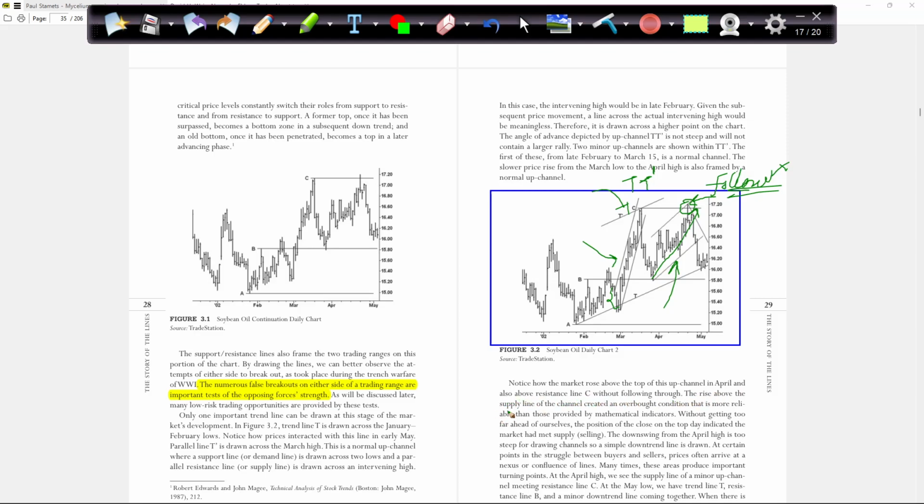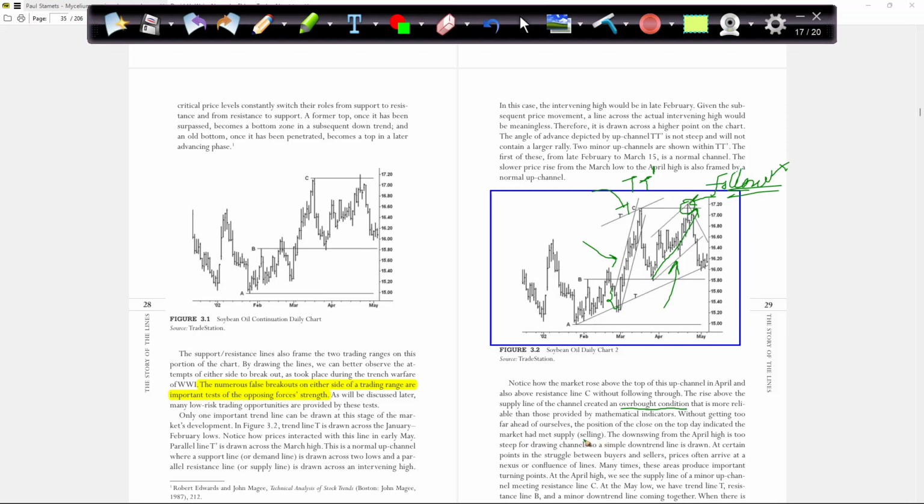The rise above the supply line of the channel created an overbought condition that is more reliable than those provided by mathematical indicators. Without getting too far ahead of ourselves, the position of the close on the top indicated the market had made supply selling.